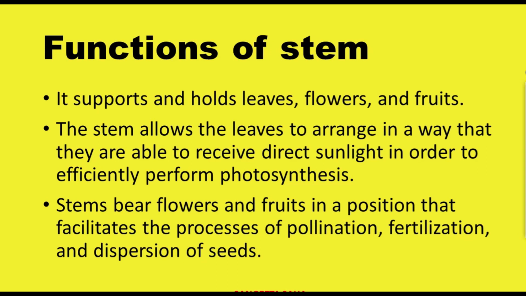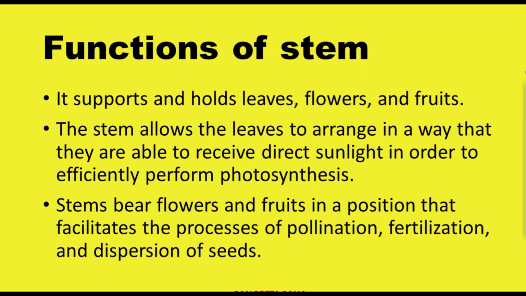Now we are going to talk about the functions of the stem. The main functions of the stem are that it supports leaves, flowers and fruits. Stem arranges leaves in a way that they get direct sunlight to perform photosynthesis, that is to make food.